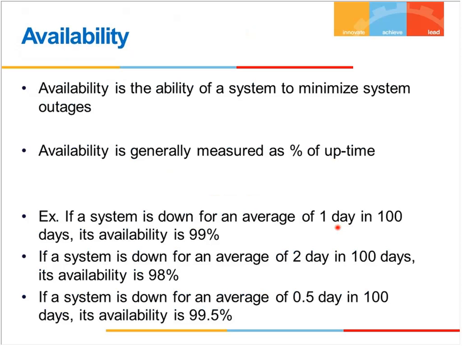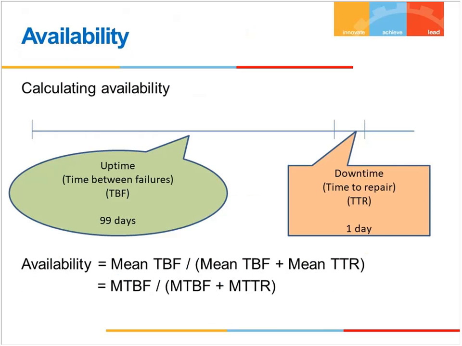So out of 100 days, it is down for 1 day. So in this case, the availability is 99%. If it is down for 2 days in 100 days, then availability is 98%. If the average downtime is 0.5 days in 100 days, then the availability is 99.5. So this is how you express the availability of a system, right?